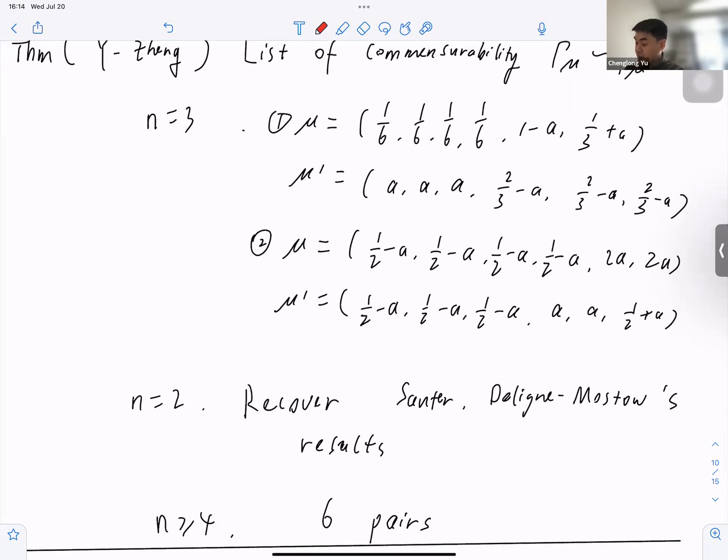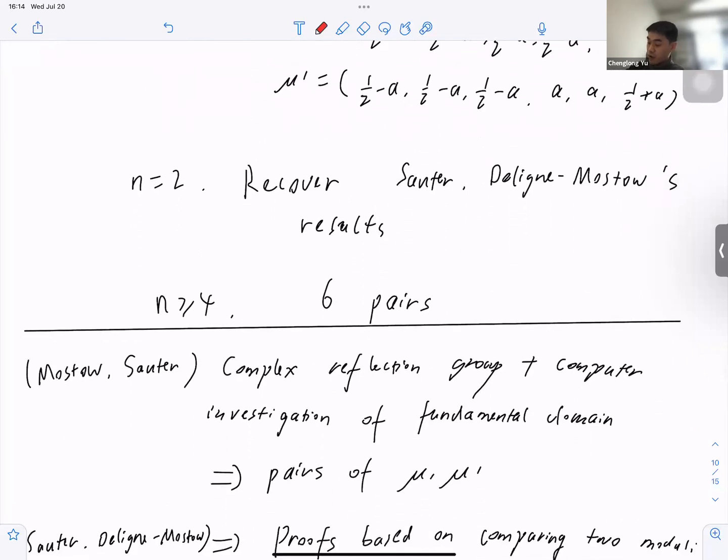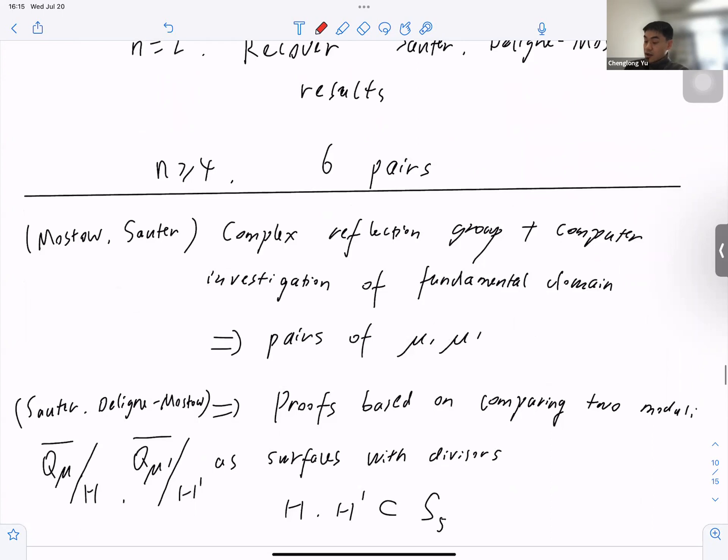These numbers may seem very weird. It did seem weird to me when I first came across this kind of result. And when I read Sauter's thesis, it told us how they obtain those numbers. First, Mostow has a theory about complex reflection groups, mainly inside PU(1,2). He studied the subgroups generated by complex reflections, especially those generated by 3 complex reflections.